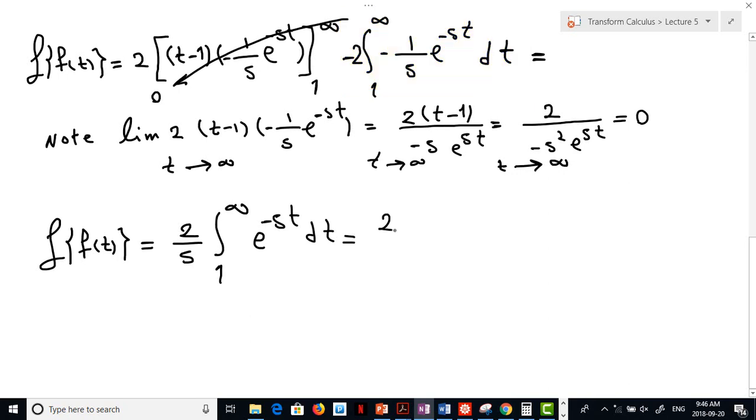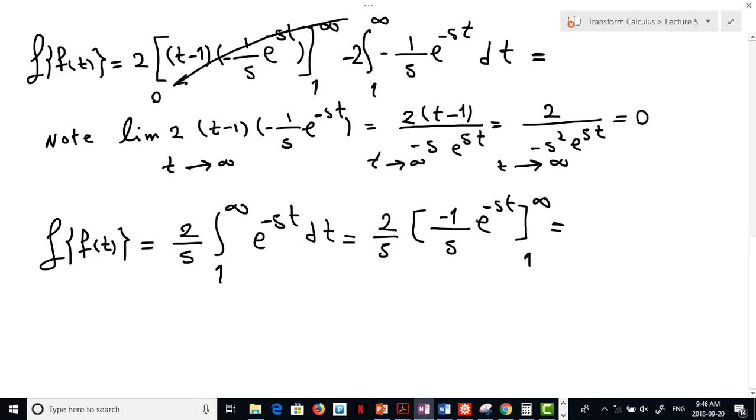So we have 2 over s, so the integral of e to the power of minus st is equal to minus 1 over s e to the power of minus st. The integral from 1 to infinity.